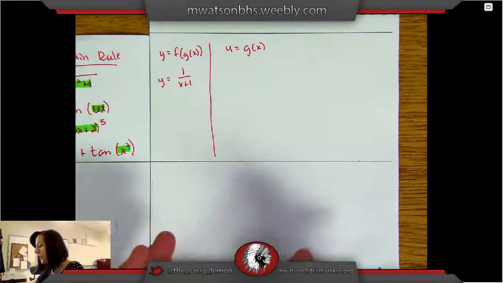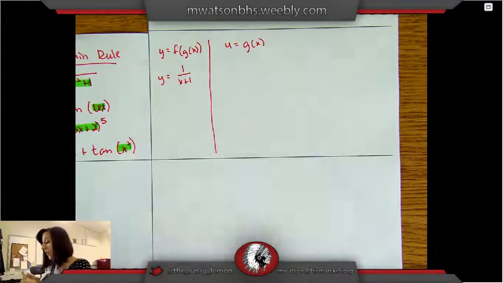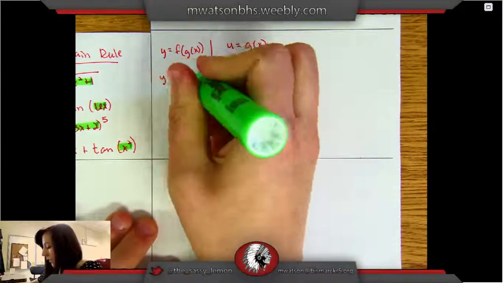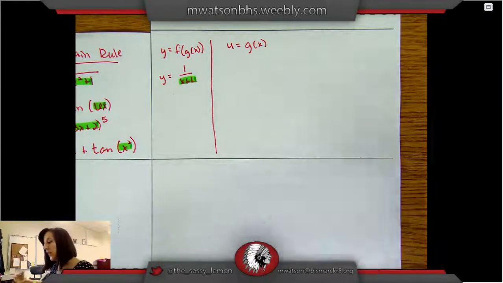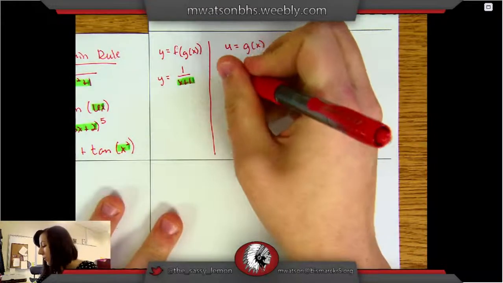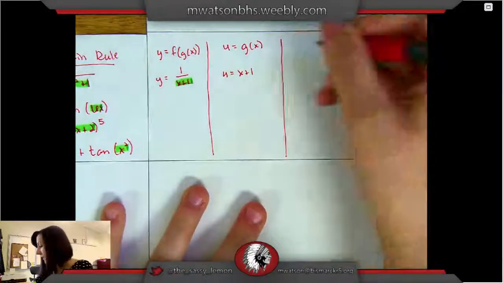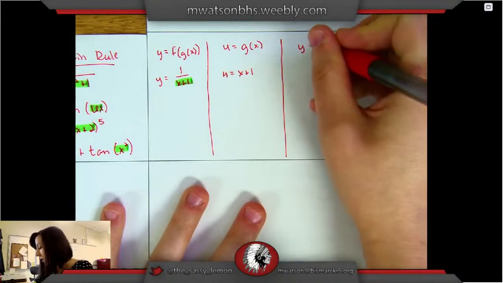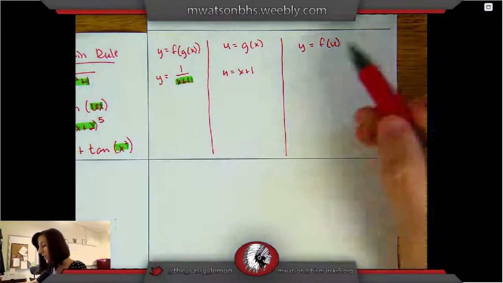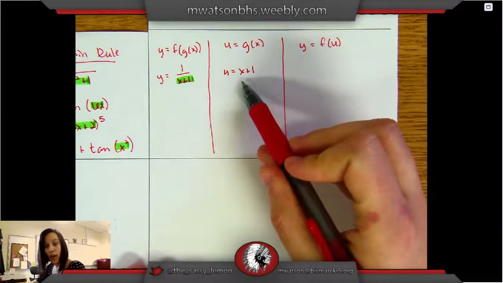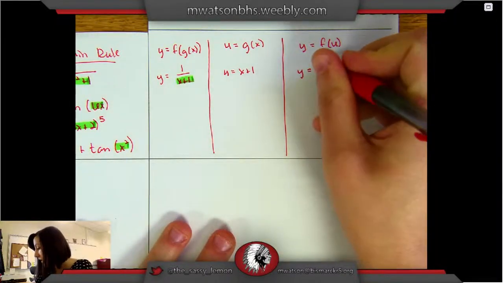So what function is inside of the other function here? Hopefully you notice that it's this x plus 1. Normally it's just x down there if you think about an original function. So we're going to call u x plus 1. And then our y then, we're going to call f of u. So we're going to change it to be a function with respect to our inside function. And that would be y equals 1 over u.